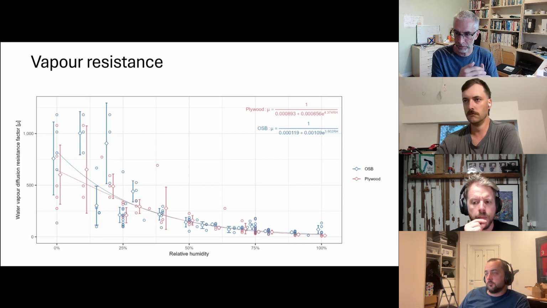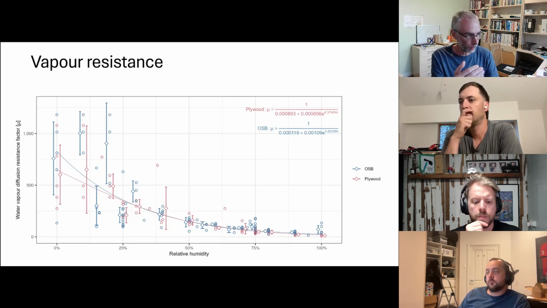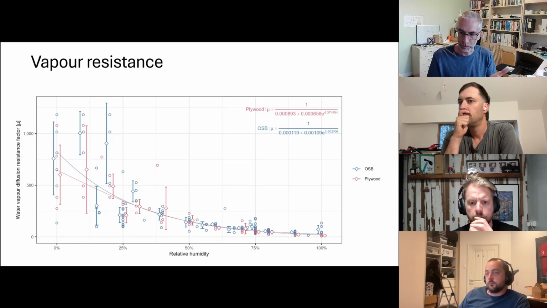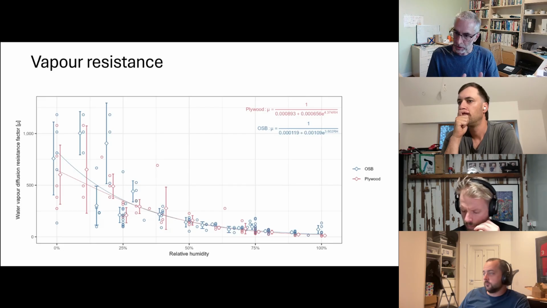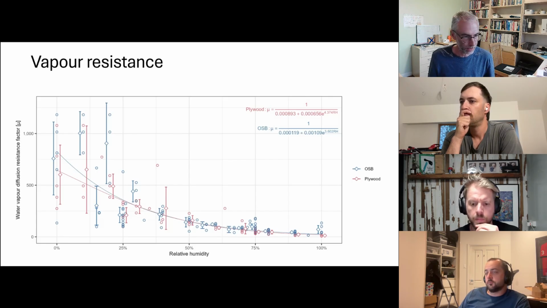They give me an idea of the variability of the sample. And what I'm looking at here just visually is whether the red, my plywood samples, or the blue, my OSB samples, on average have higher vapor resistance than one another. And generally speaking, the plywood has lower vapor resistance. It is more vapor permeable at most of these relative humidities that have been tested in these samples.